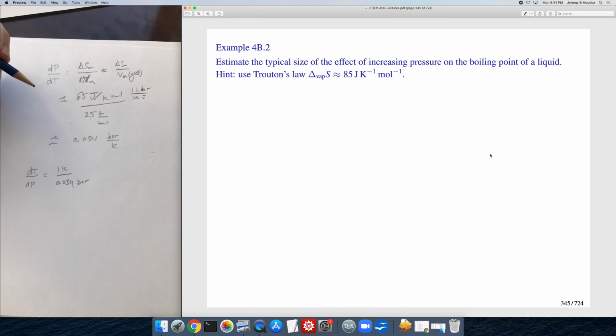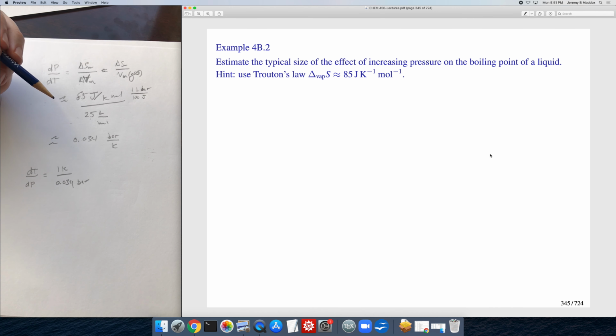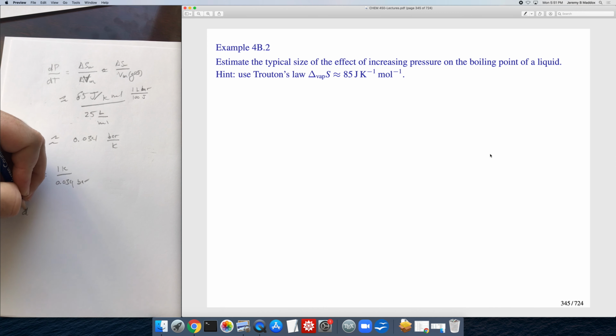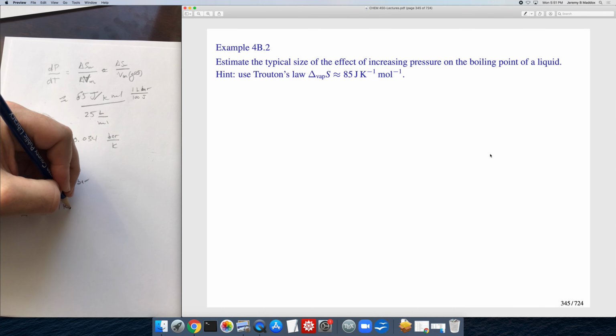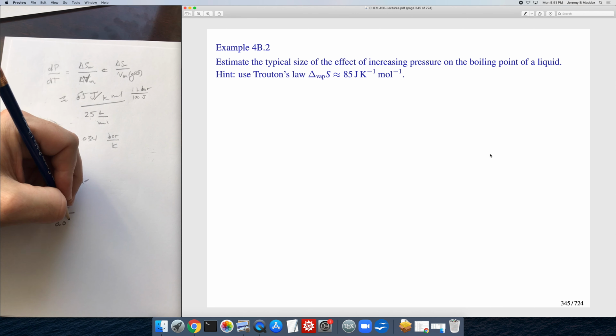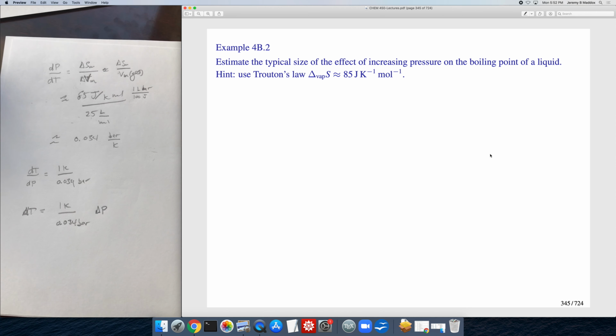And so if you increase the pressure by a small amount, you would essentially say, okay, delta T, the change in the boiling point, is going to be 1 Kelvin per 0.034 bars times whatever the change in the pressure is.